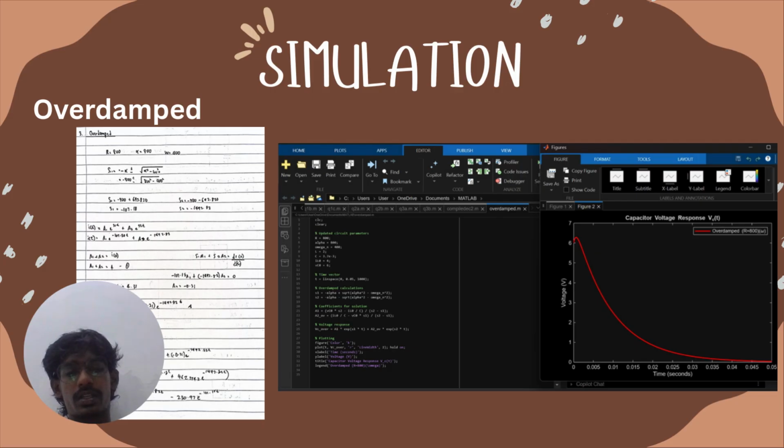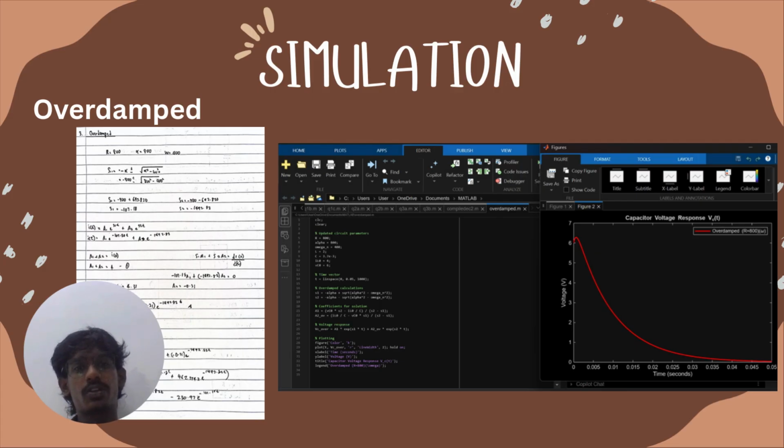After we combine that a1 and a2, we are getting v(t) equals 231.39 exponent negative 1492.82t and negative 230.92 exponent negative 107.15t.